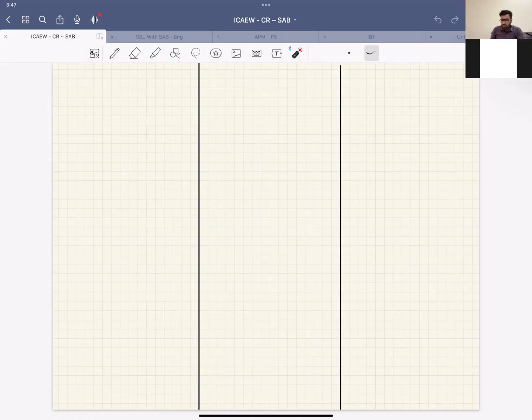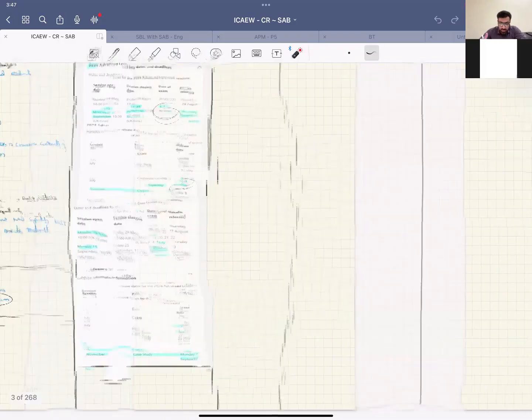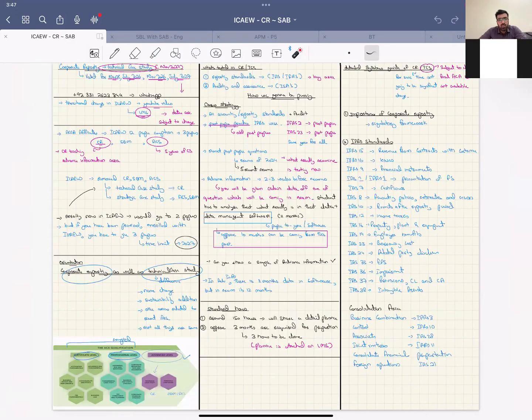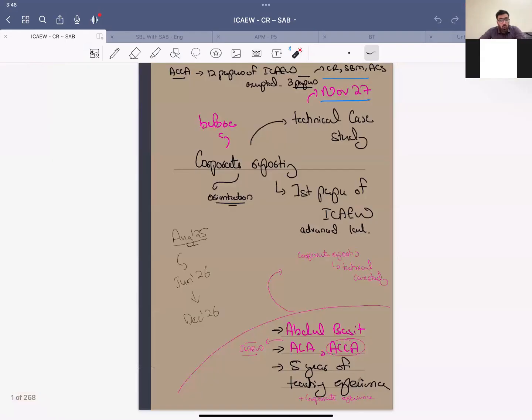You guys know about this particular corporate reporting. As we had a great orientation, the pages are here, and you will be getting the PDFs. If you want to pass this paper, you need to do the recent practice, that is what is exactly being tested.